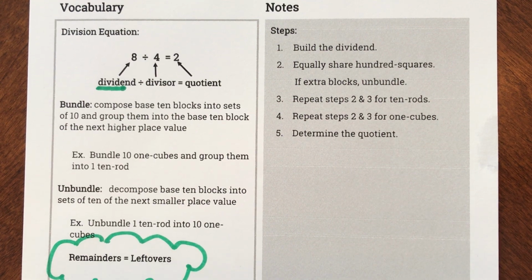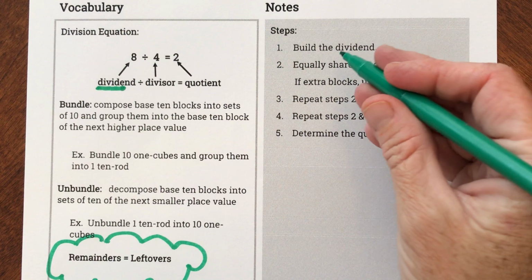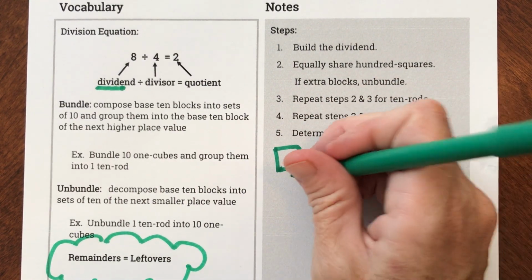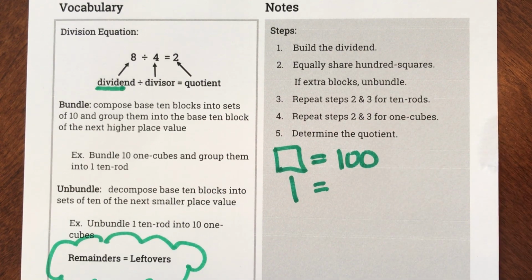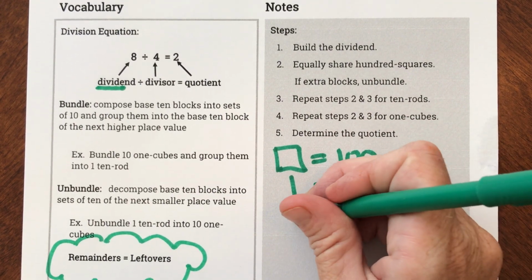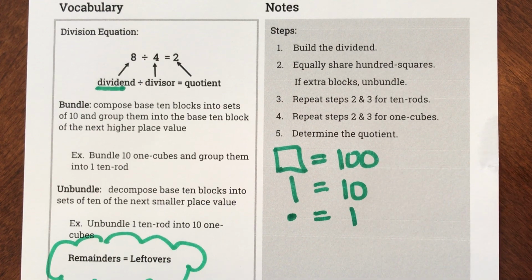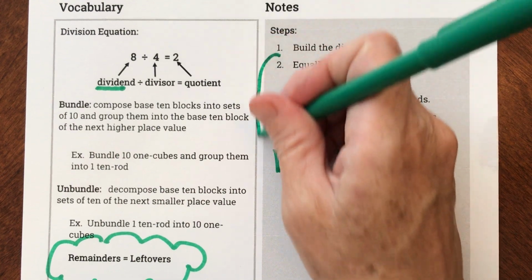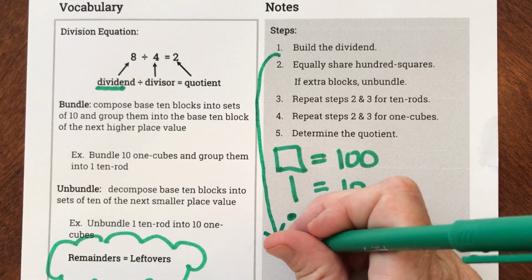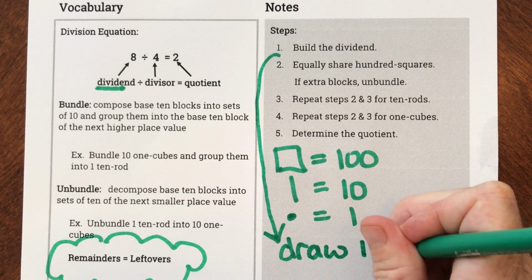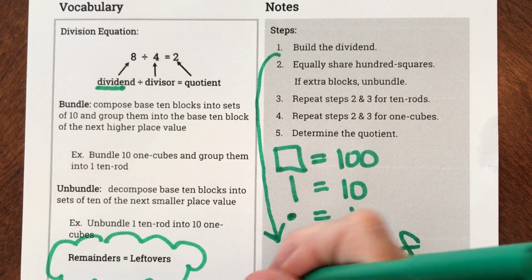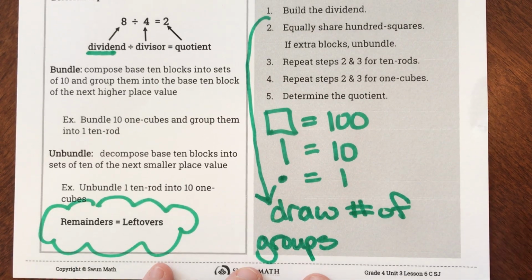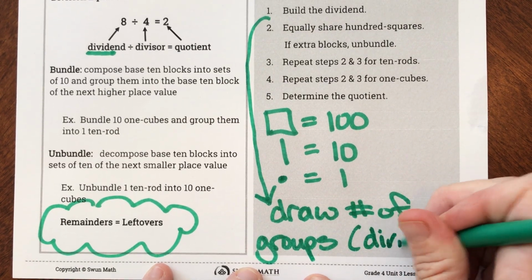Okay, let's look at our steps. Remember, when we build the dividend for step 1, we use a 100 block for our 100, a 10 rod, which just looks like a vertical line, for our 10, and then a dot for our 1 unit. Before we start dividing, we added a step to draw the number of groups, which is our divisor.